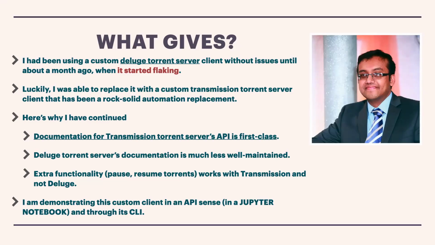So, in an emergency, I thought, okay, I've got to spin up a transmission server instead of a Deluge server on this remote host, and also quickly implement a custom transmission client to that server.